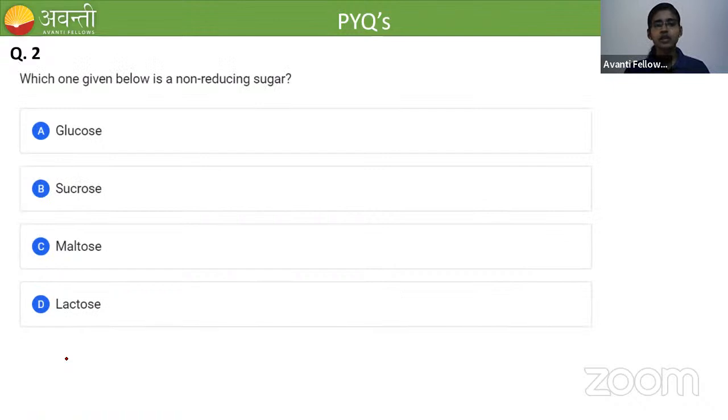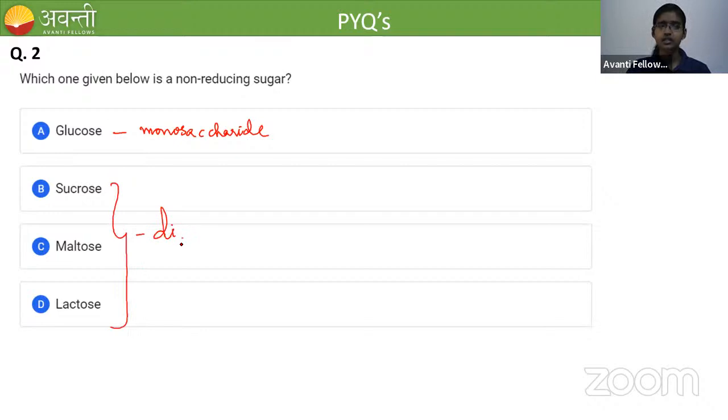I'll move on to the next question. Which one given below is a non-reducing sugar? Glucose, sucrose, maltose and lactose are given to you. Glucose is a monosaccharide. And sucrose, maltose and lactose, these three are disaccharides.